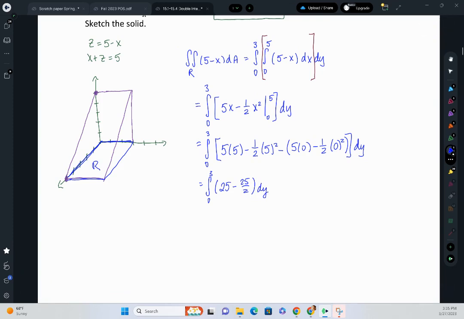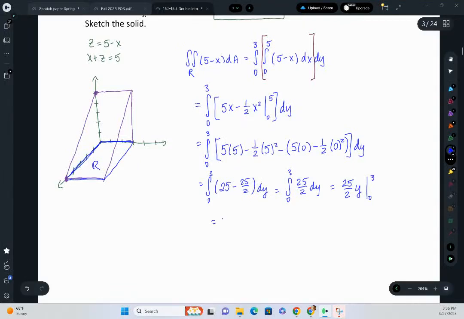25 minus 25 halves is going to be 25 halves. So I have 0 to 3, 25 halves dy. And if I integrate this with respect to y, I'm integrating a constant, so I'll just get the constant times y, and that'll be evaluated from 0 to 3.